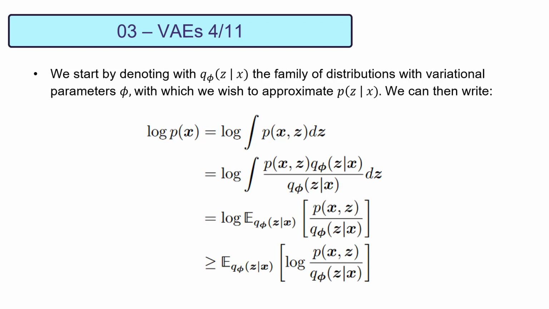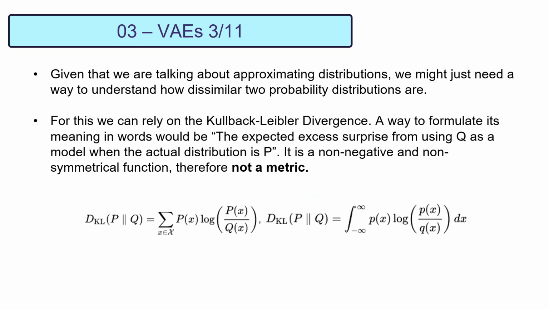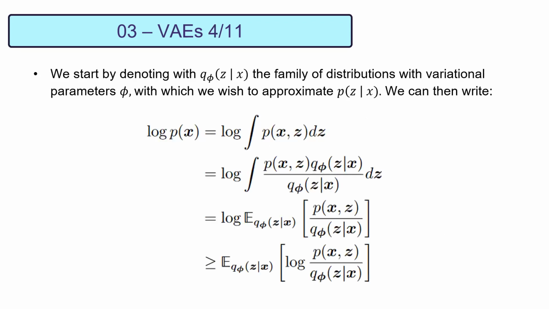If we take this term in the denominator and put it here, we get an expected value. It's the same as if Q phi was standing here and the fraction remains in this place. So now we have the logarithm of the expectation according to our variational distribution.